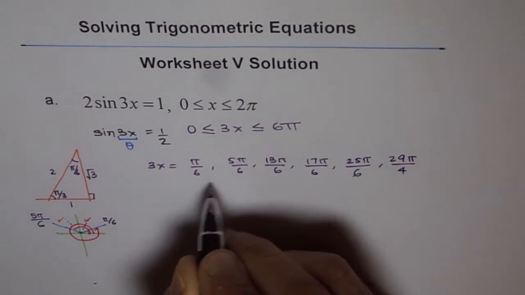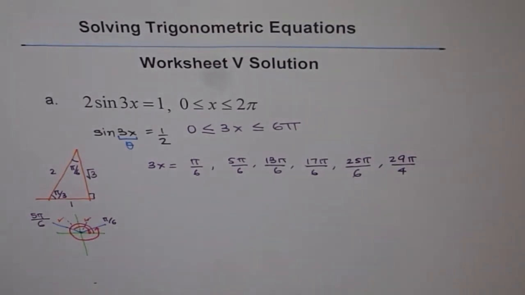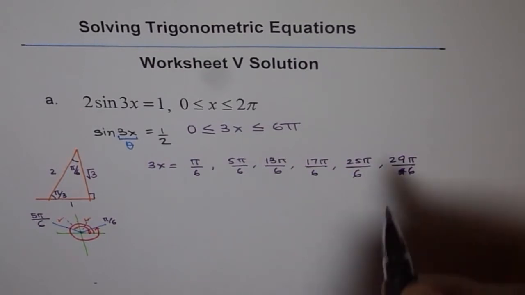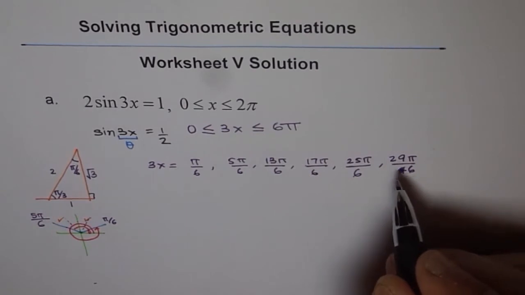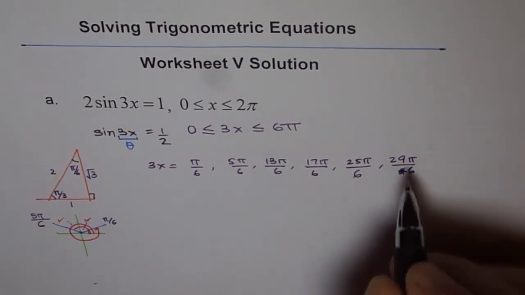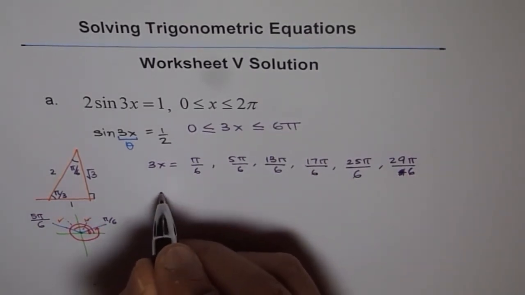Do you see? So you got these 6 options, right? Yes, 29 pi by 6. And those are all the options which we get, right? 6 options. Now what is x?